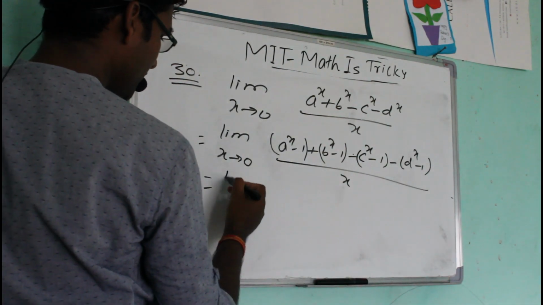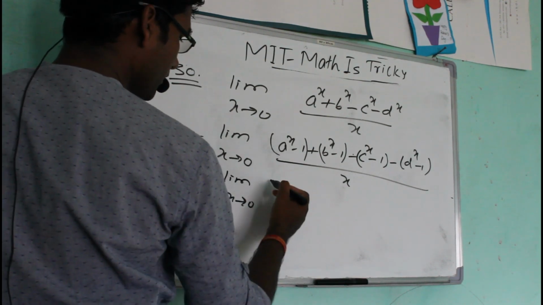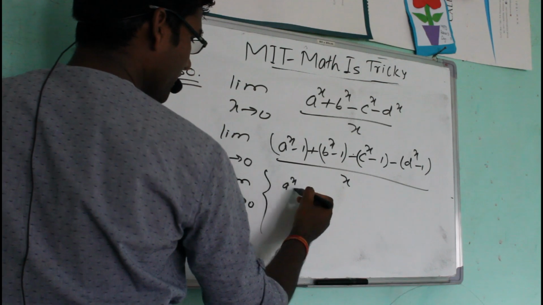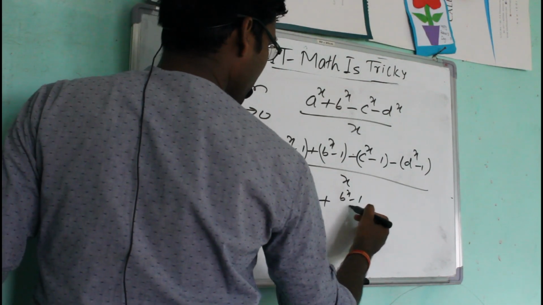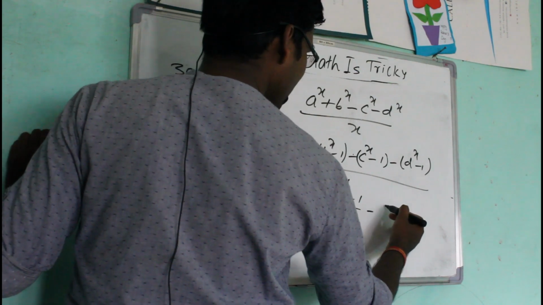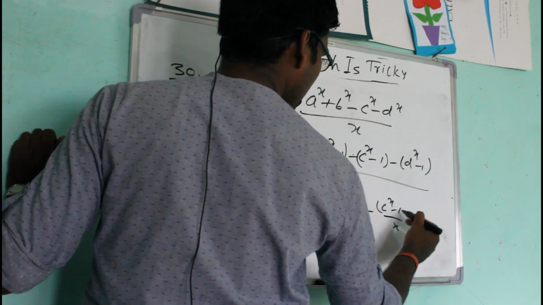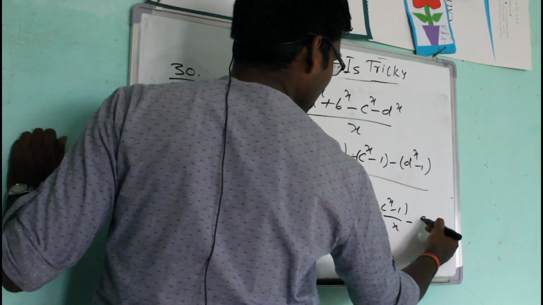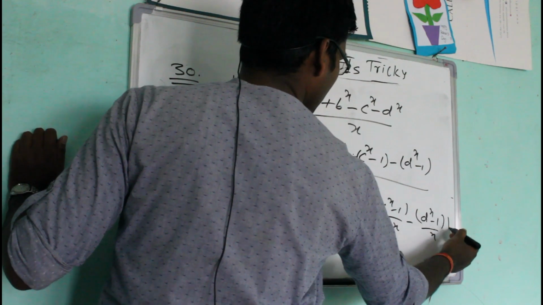So what we can write here for this, x tends to 0, this is going to give (a^x - 1)/x plus (b^x - 1)/x minus (c^x - 1)/x, and then minus (d^x - 1)/x.